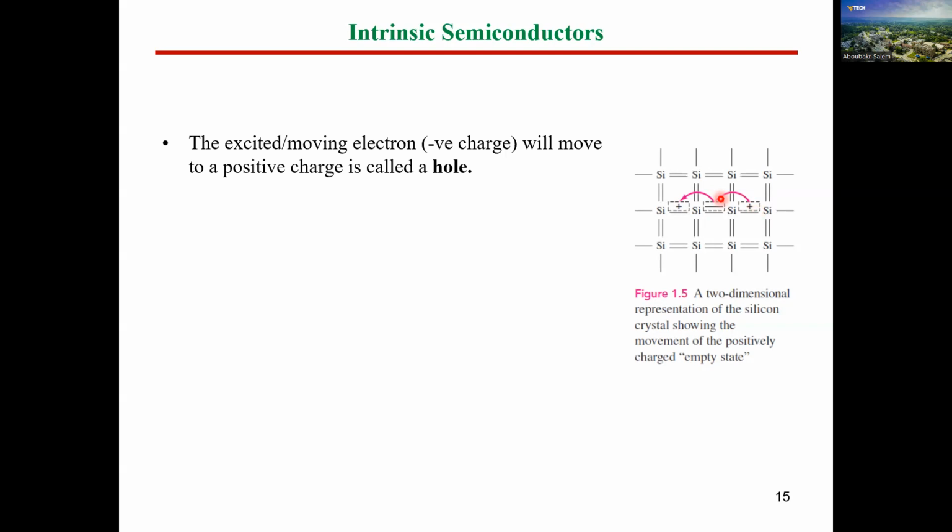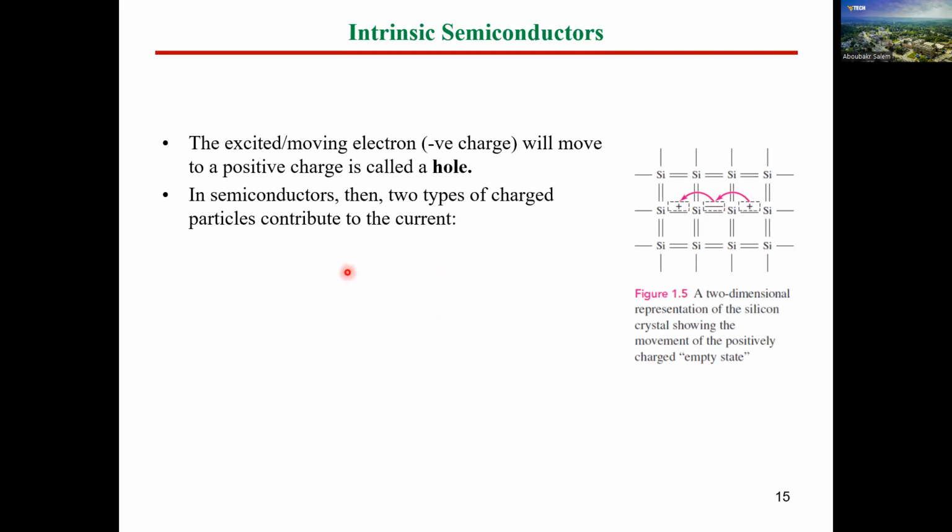In order to move, it needs to be connected to a positive charge. And the positive charge is nothing but the free space in the atom after another electron has moved, which is called a hole. So we have now a hole, which is a positive charge, and an electron, which is a negative charge. Any electron will move to be connected to a hole in order to move. Otherwise, where will the electrons move?